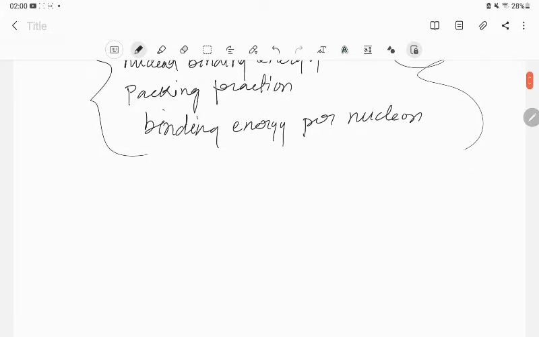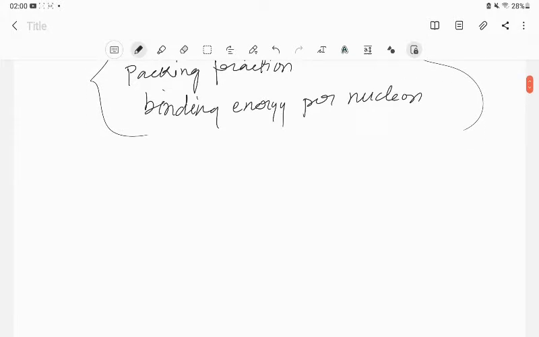So yesterday we have studied the atomic number of an atom, which is denoted by Z. This is nothing but the number of protons present in the nucleus.